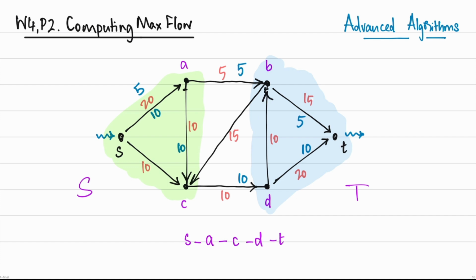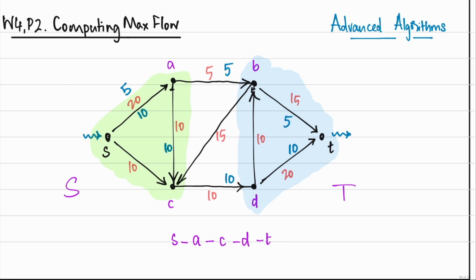So we already know that this is in fact a minimum cut, and therefore we can also conclude that this is a maximum flow. Now, as usual with greedy, we have the eternal question of whether we just got lucky or whether this is something that is guaranteed to always work.